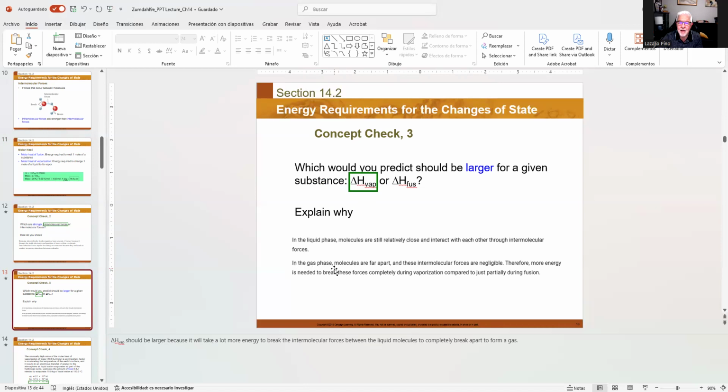And in the gas phase, the molecules are far apart, and these intermolecular forces are very, very small. Therefore, more energy is needed to break these forces completely during vaporization compared to just partially during fusion.